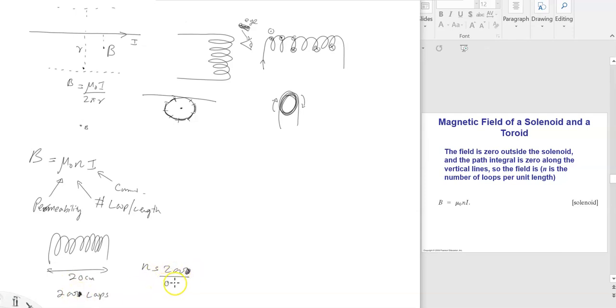So n will be 200 divided by 0.2, so what do you get? 1000 loops per meter. Okay, so that's that, and then the current through it.